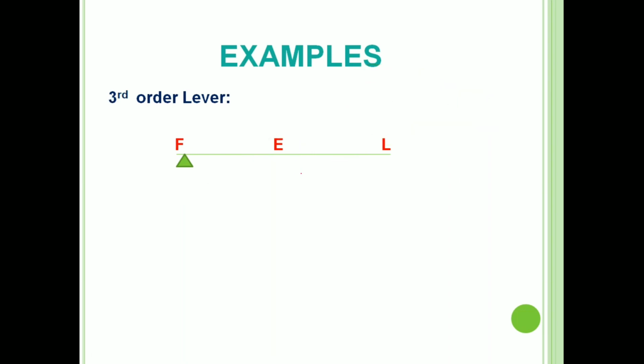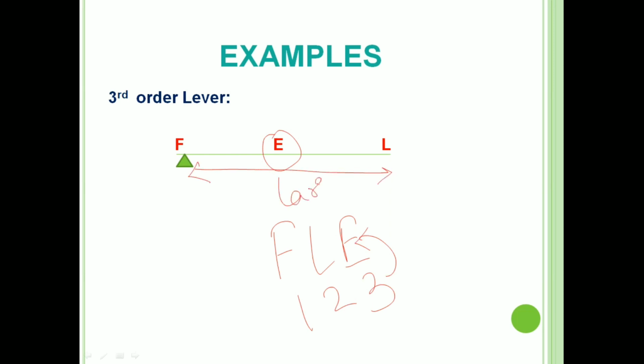Third order. According to the mnemonic, we again know who should be in the center? Effort. So yes, we have effort in the center. Now see the distance. The distance from fulcrum to the load is larger compared to the distance from fulcrum to effort.